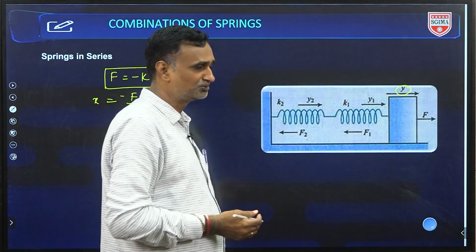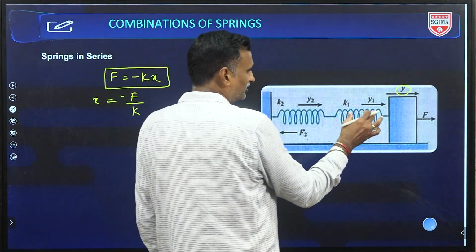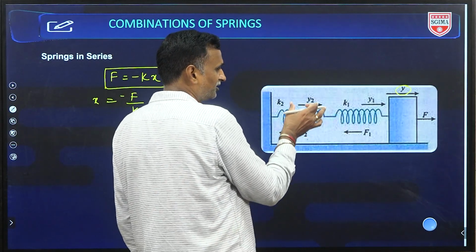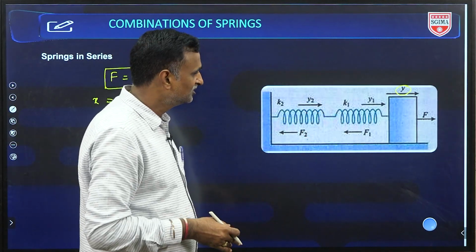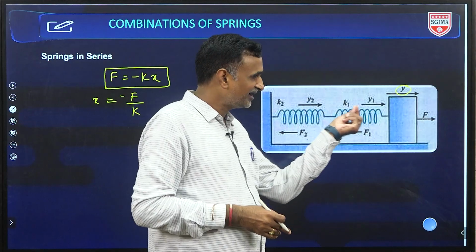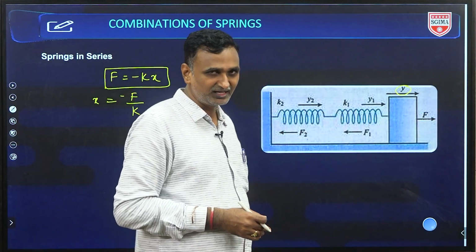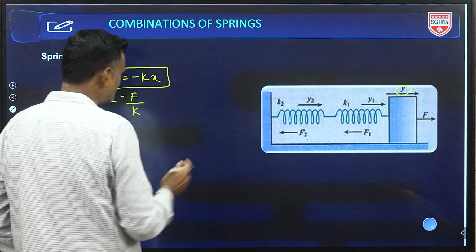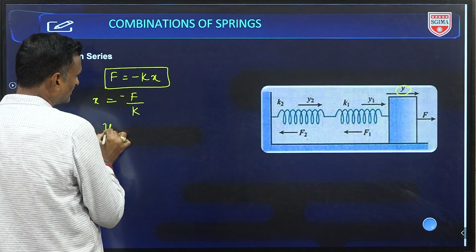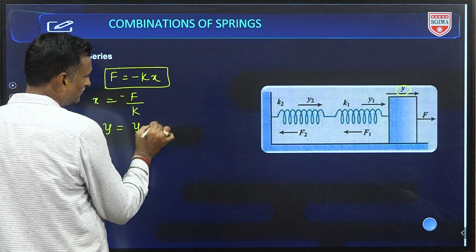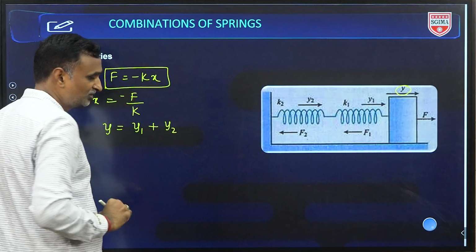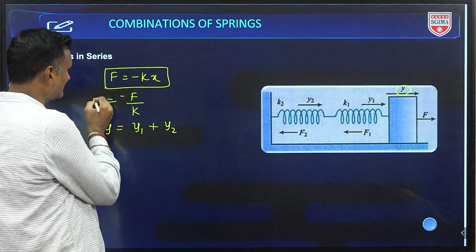Then spring 1 is deformed by y1 and spring 2 is deformed by y2. So this deformation adds up in the displacement of the block. From the displacement of the block we can take y equal to y1 plus y2. So that is actually the displacement.